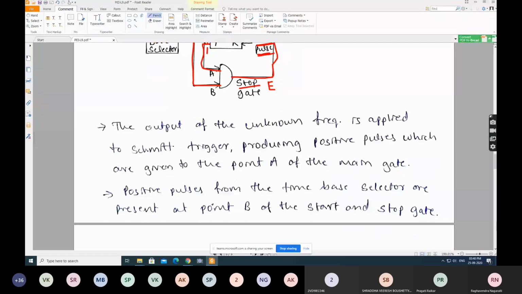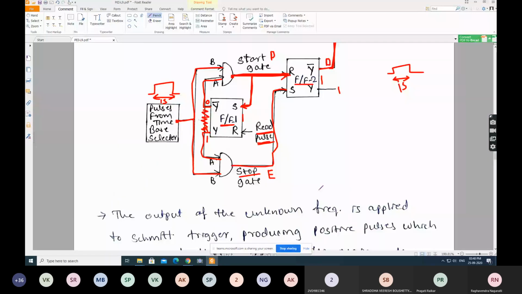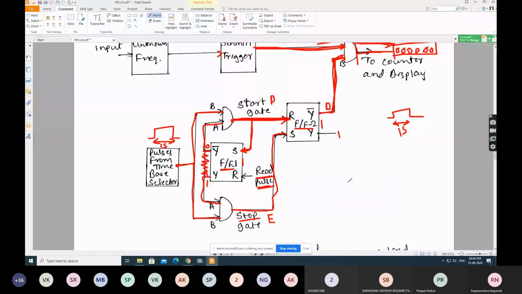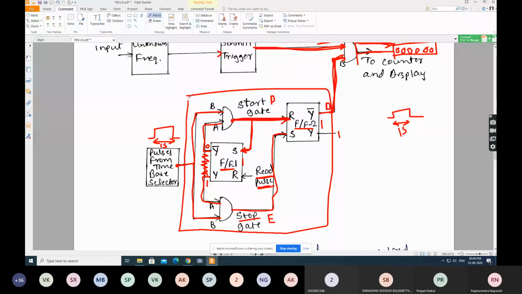The basic circuit for frequency measurement using the gate control flip-flop. So this part of this circuit, we call it a gate control flip-flop.